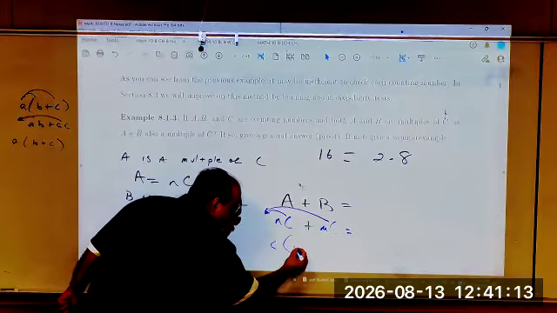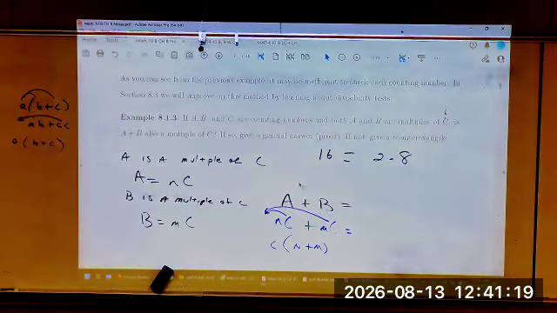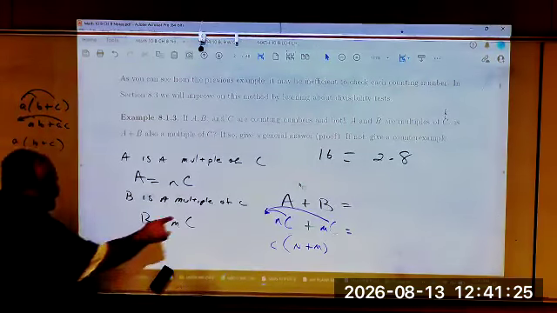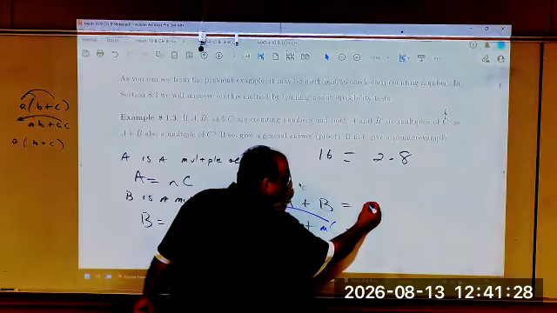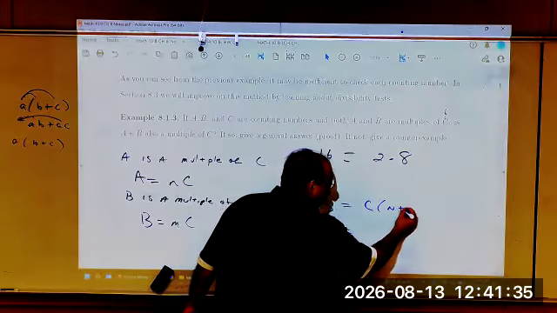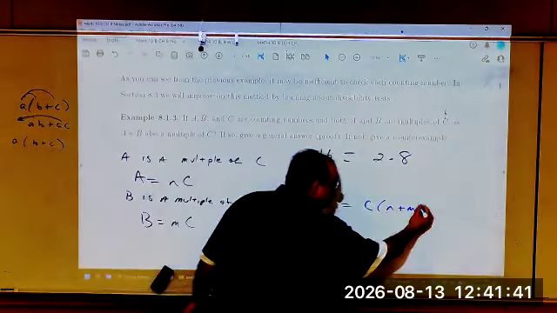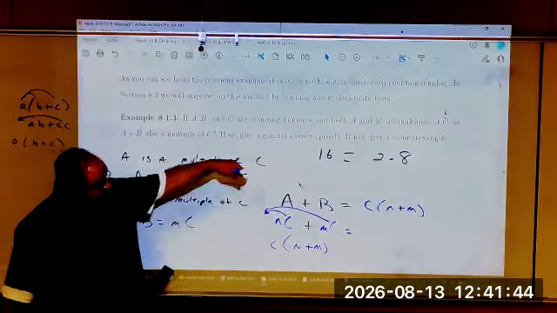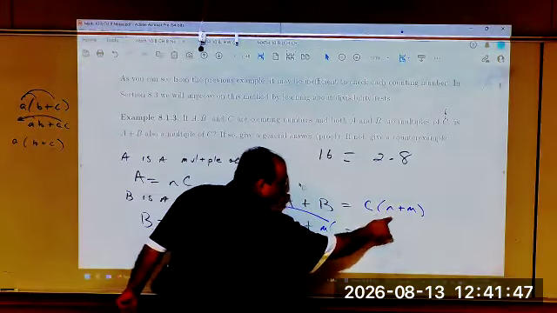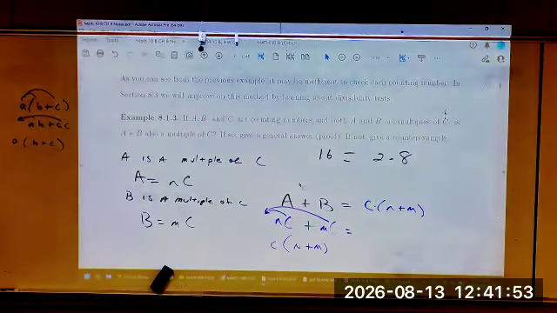It's C times N plus M. So U plus V, when I add these two numbers together, C times N plus M. Which means A plus B is a multiple, C times some number. C times whatever N plus M is. It's a multiple of C.